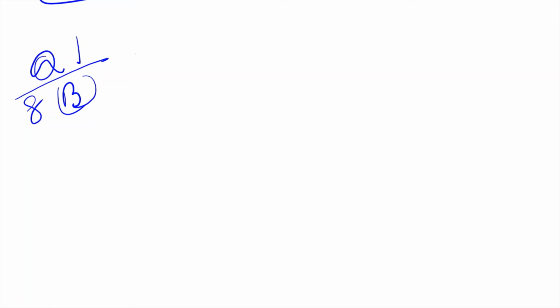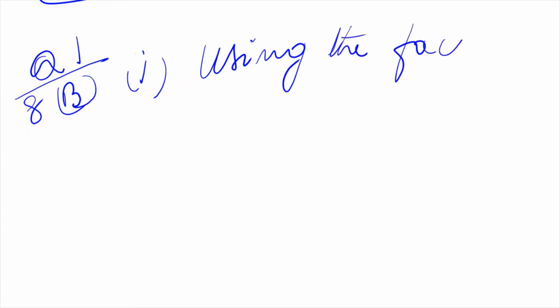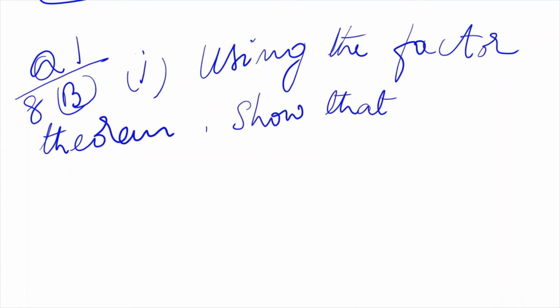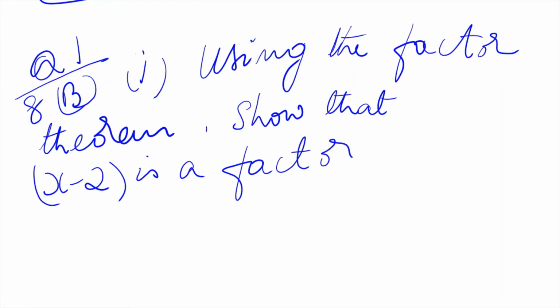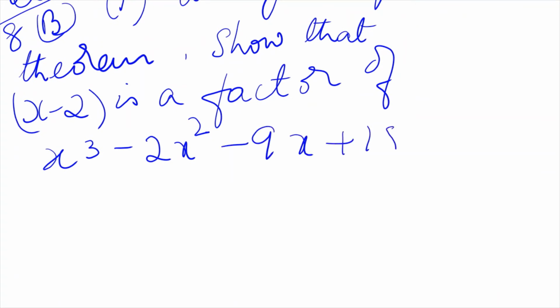Okay, in that first sub question, using the factor theorem, show that x minus 2 is a factor of x cube minus 2x square minus 9x plus 18.